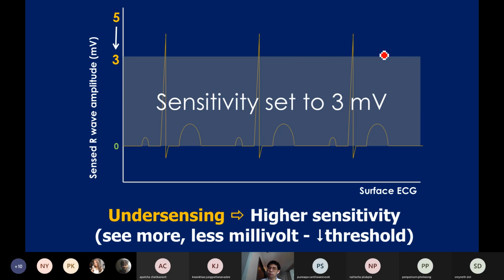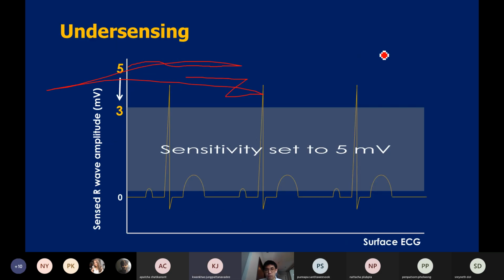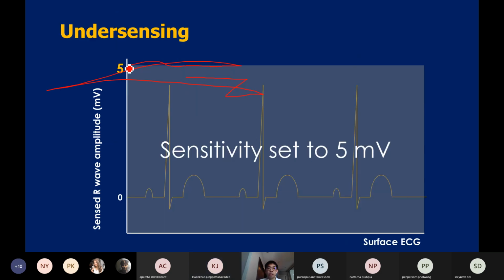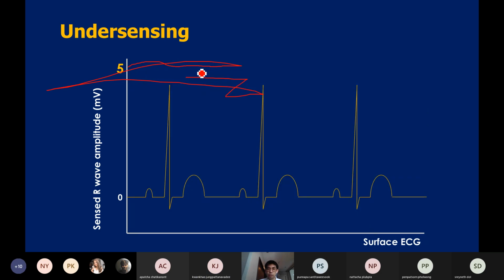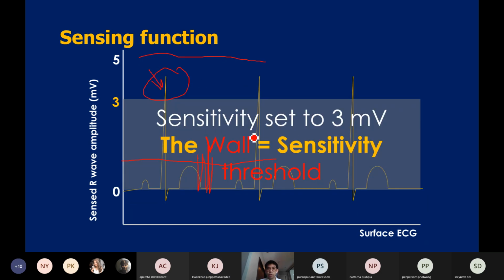Anyone with any questions about this? Teacher, why can't it see the intrinsic rhythm if it's set too high? The sensing threshold is like a wall. It is the setting we set in the pacemaker, and it means the lowest number at which the pacemaker could see the intrinsic rhythm.